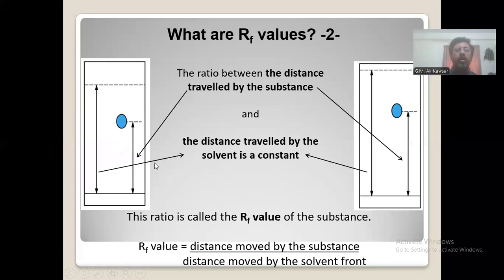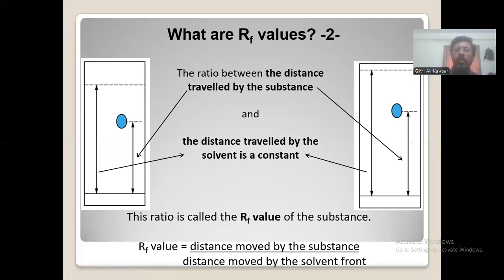Here the distance traveled by the solvent is a. For a particular substance, this RF value will be constant. So after measuring the RF value from the picture, we can try to match it with the table.